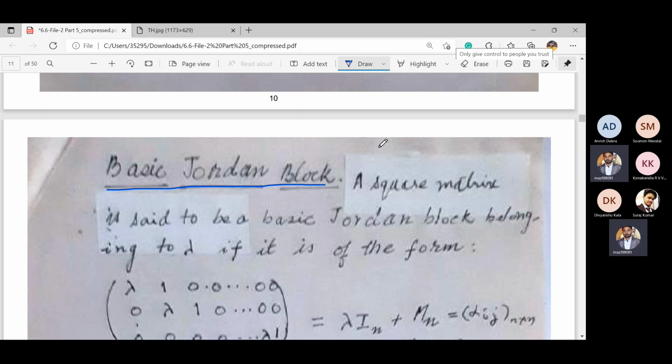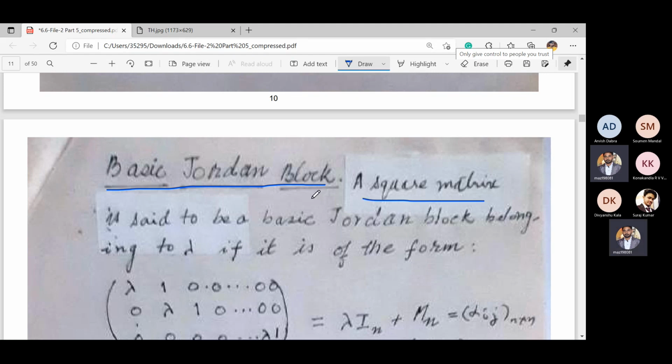So we can study a lot about the properties of a matrix by using the Jordan block. To form the Jordan matrix for a given linear transformation, first we have to know the basic Jordan block. What is a basic Jordan block? Because by combining basic Jordan blocks we form the Jordan matrix for a given linear transformation.